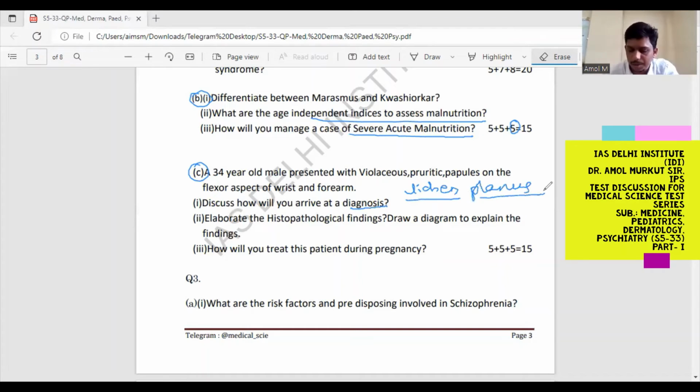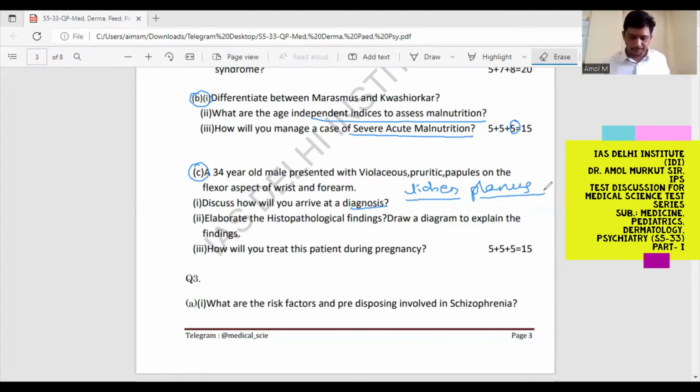Plain and simple. Okay, it is lichen planus. How will you arrive at the diagnosis? You will do the clinical analysis, analysis of the lesions, and you can have a biopsy of the lesion.